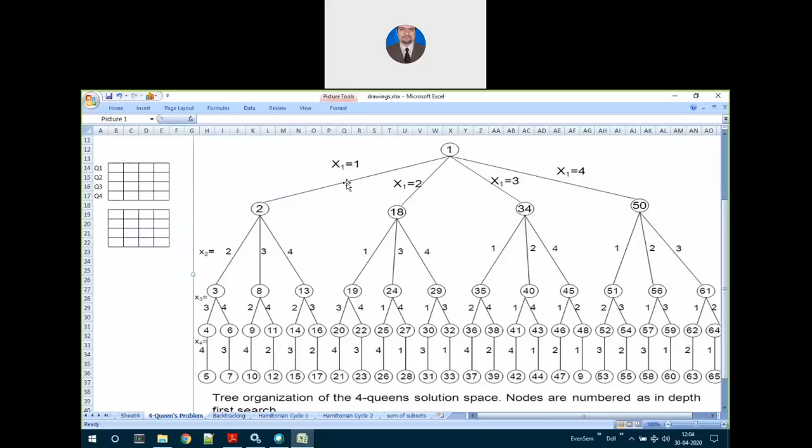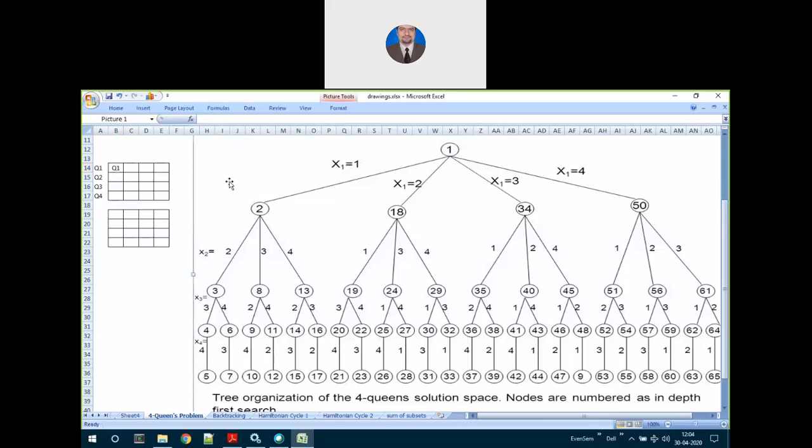Since this is for x1, x1 indicates the first queen, means first row. So first row, that is x1, I will be keeping at the 1, which indicates column 1. Say if I keep x1, that is q1, over here.